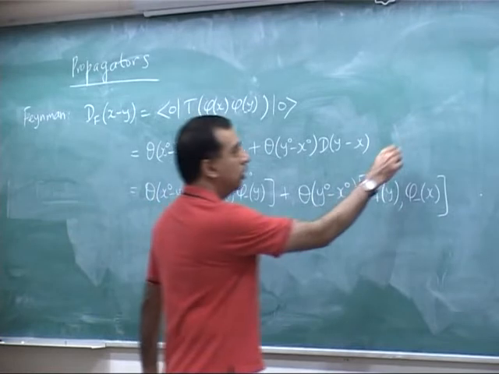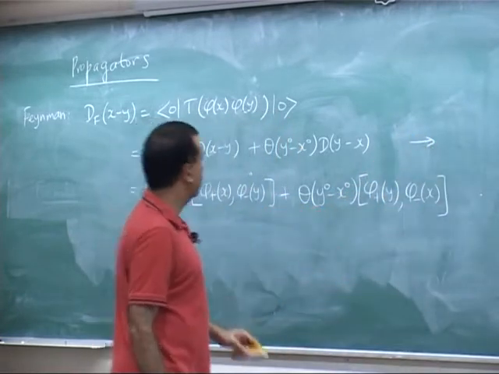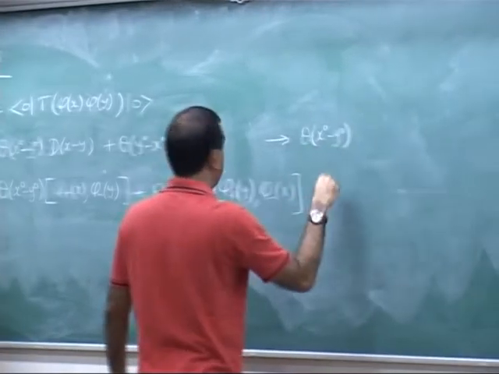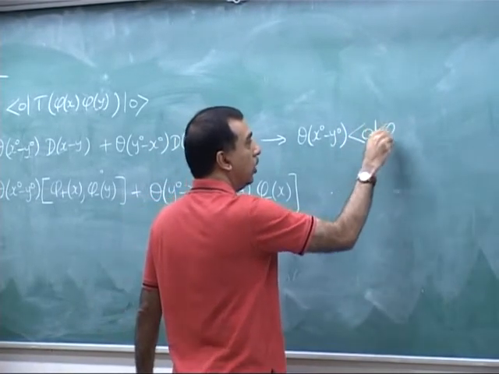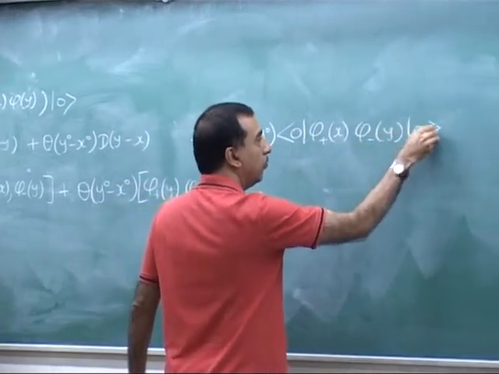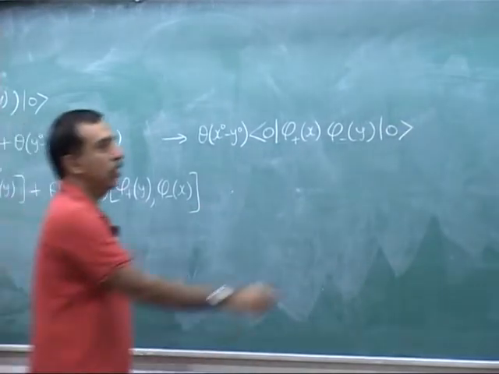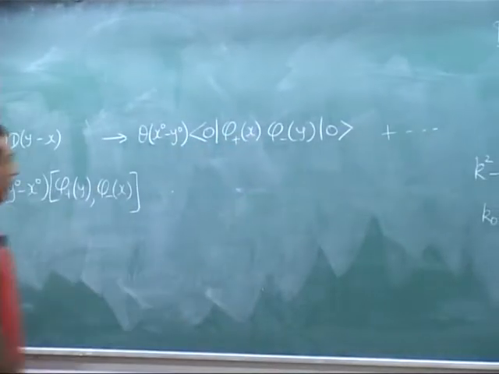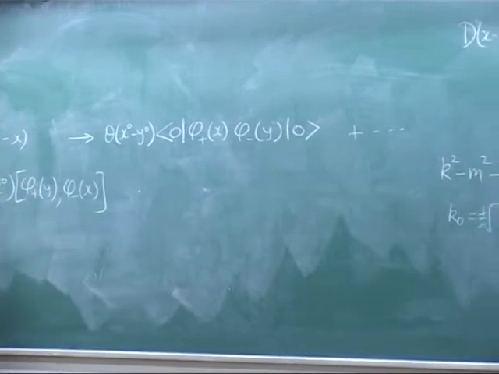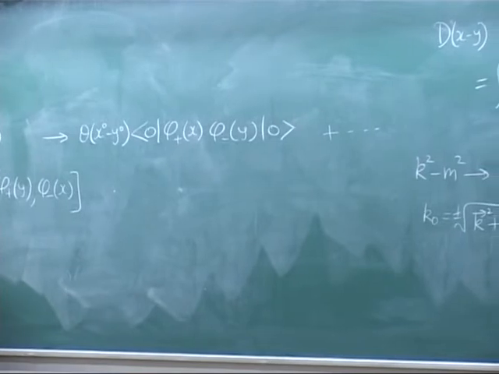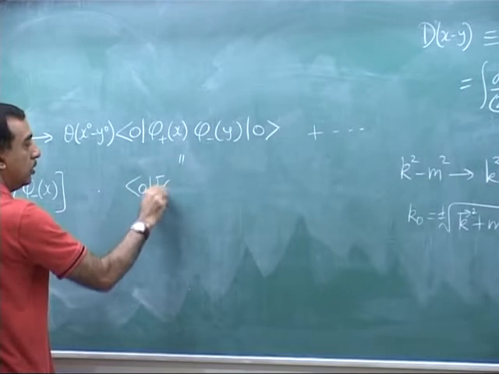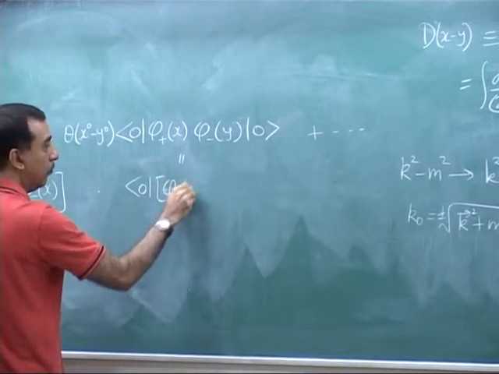So from here, I want to derive this, right? So theta of x naught minus y naught, now d is 0. We already saw this. Phi plus at x, phi minus at y, 0, plus the other term. I won't write the other term, I'll just show you that the first term gives you the first term. Then the second term will give you the second term. Okay, so here, this is equal to 0, is the same manipulation that we used earlier.